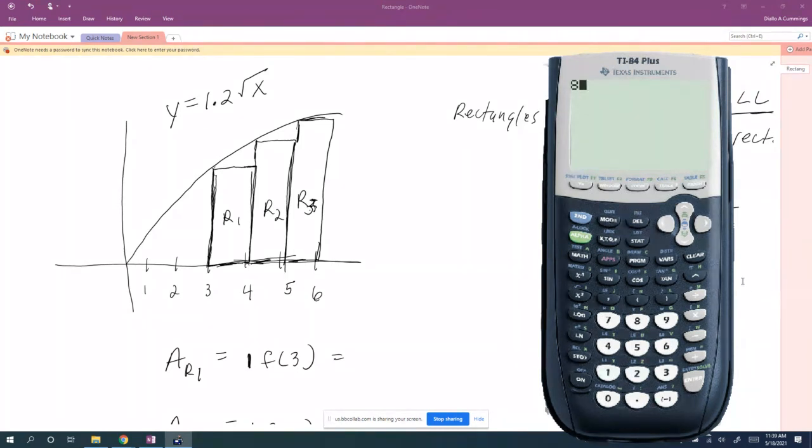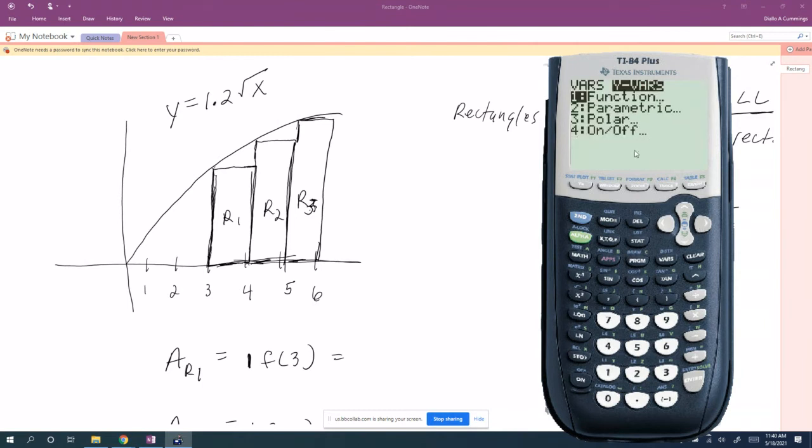I'm going to go back to my home screen. I can hit vars, which is short for variables. I can scroll over to y variable. I can hit function. Okay, I hit the wrong button.